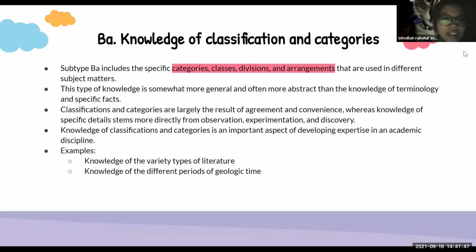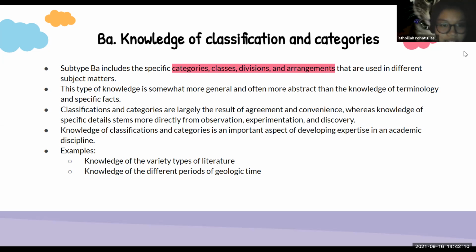So the first of the 3 subtypes is knowledge of classification and categories. This subtype includes the specific categories, classes, divisions, and arrangements that are used in different subject matters. This type of knowledge is somewhat more general and often more abstract than the knowledge of terminology and specific facts.